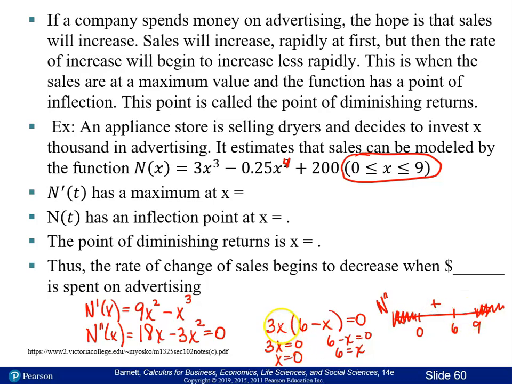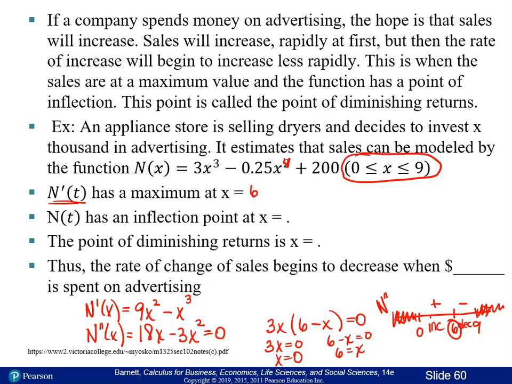Then if I put 7 in, that would be positive and negative, so that'll be negative. It means it's going to increase and then decrease, which means this is where my maximum is occurring. So when x equals 6, that's when the first derivative has a maximum.